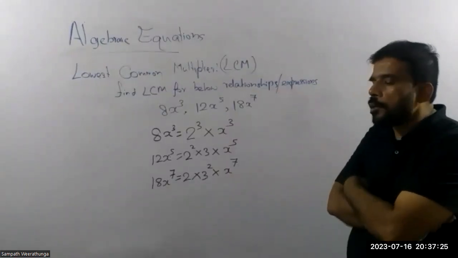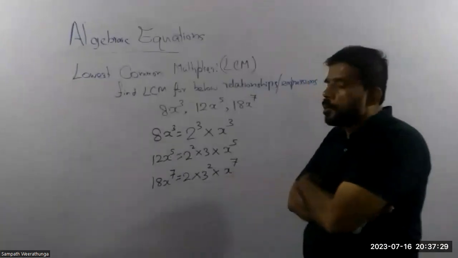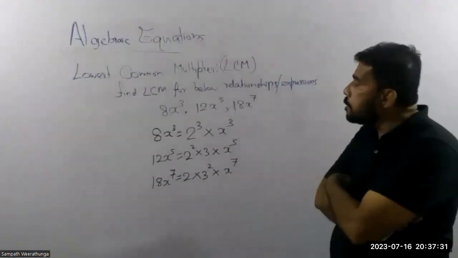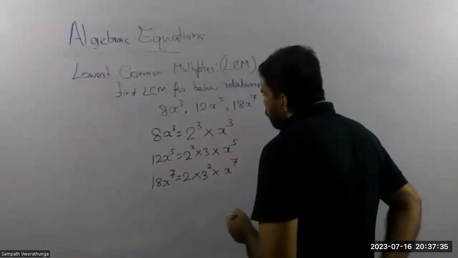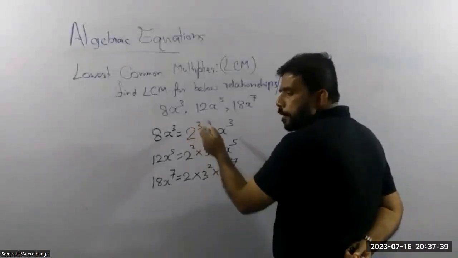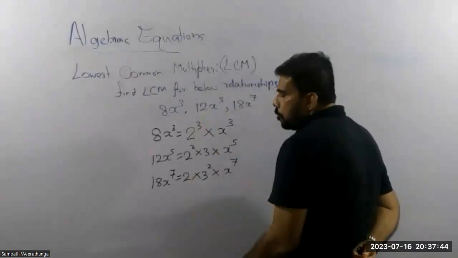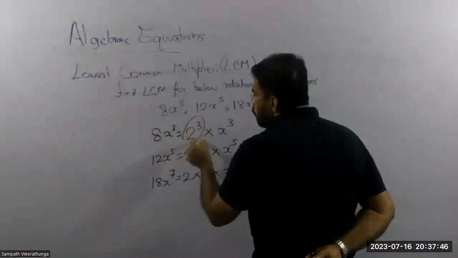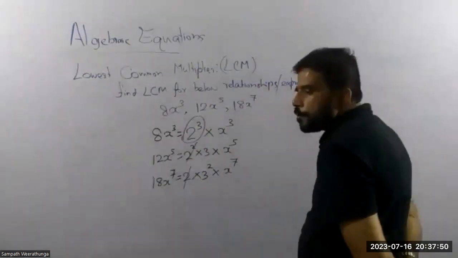Now we'll try to find the LCM, the lowest common multiplier, for these expressions. We'll think about 2 first. 2 appears as 2 cubed, 2 squared, and 2. So out of all the 2's, I select 2 into 2 into 2 as my lowest common multiplier.